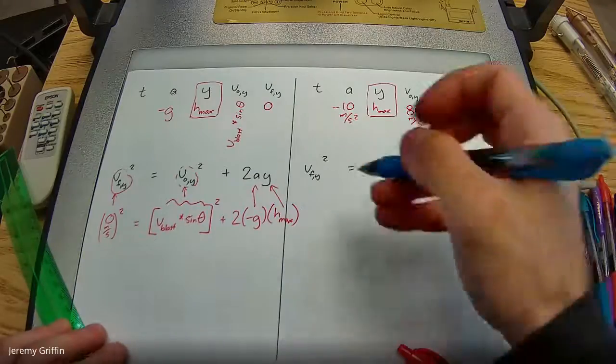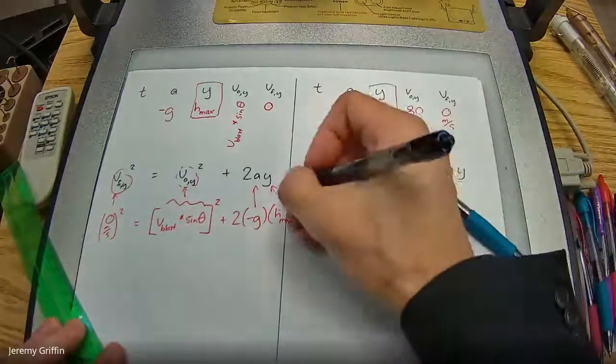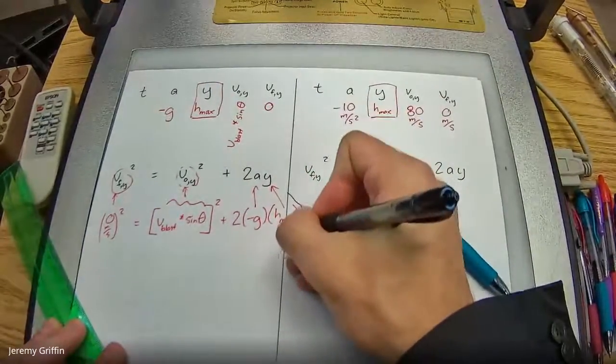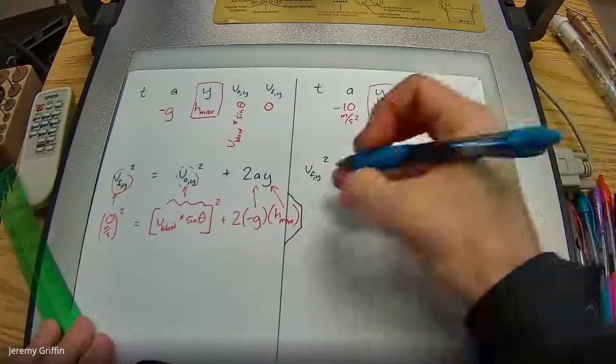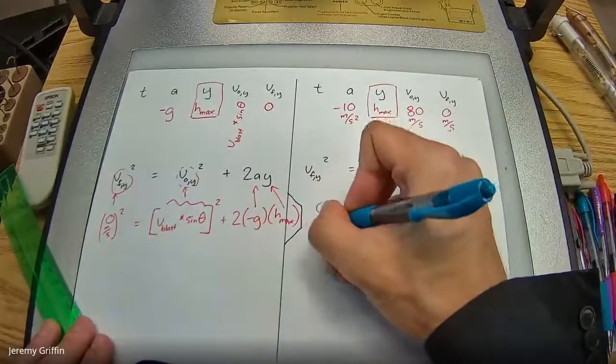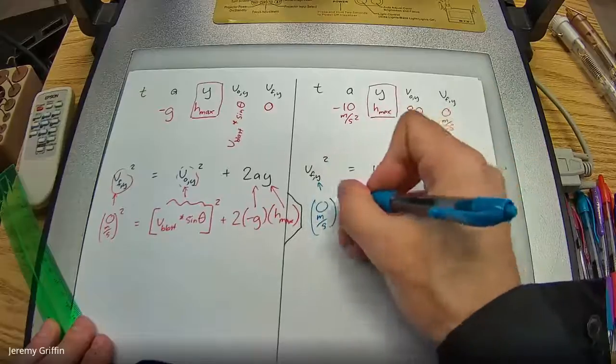Maybe I should use a different color for specific numbers. Like that. So this is going to be 0 meters per second, of course, squared.